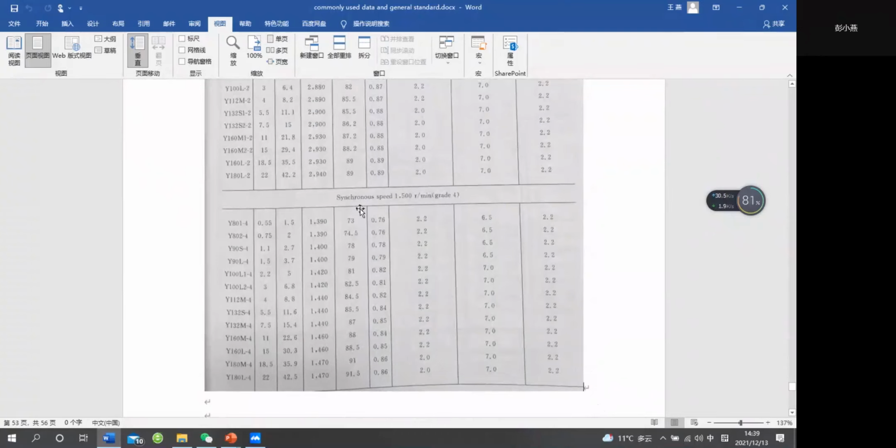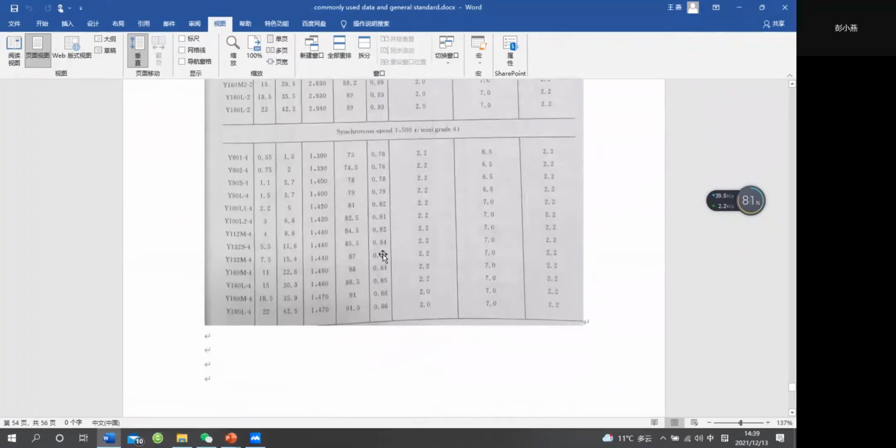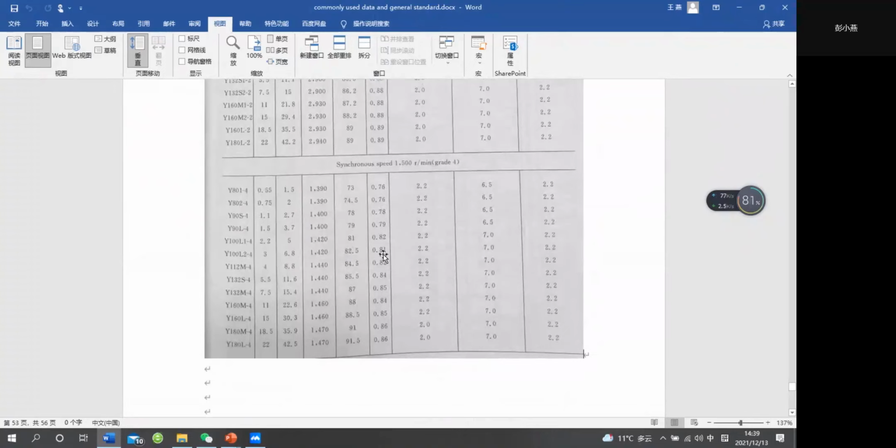Usually you choose the synchronous speed of 1,500 or 1,000. But at the time of writing the answer, we'll just select one or two? You'd better choose two and compare the two selections.